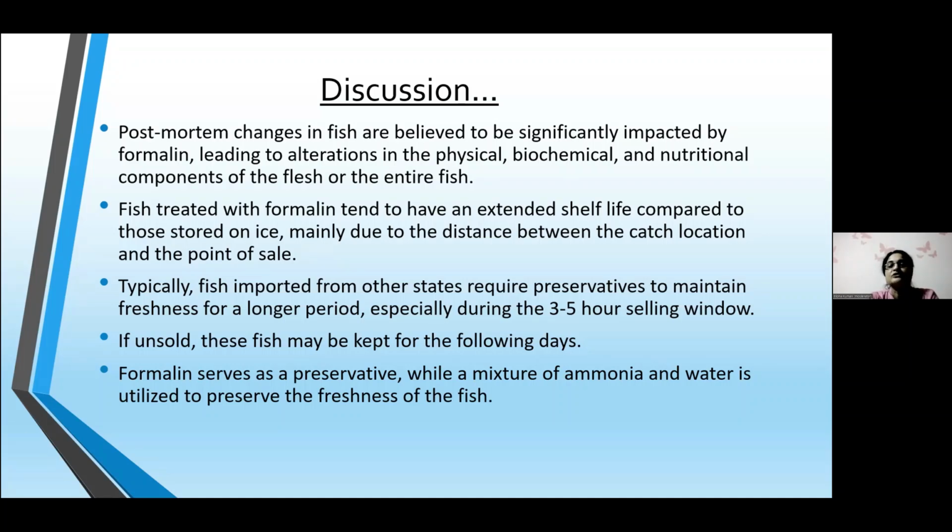But one question is why the fish vendors and retailers are using formalin or this type of harmful chemicals? Because fish come from other states and other areas, which takes 3 to 4 days.